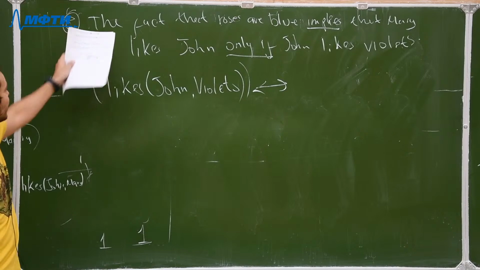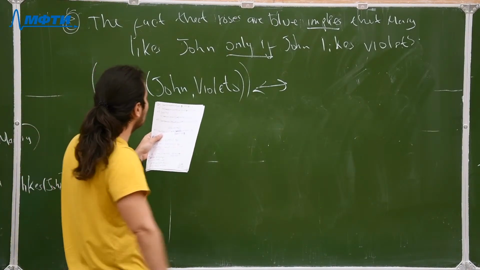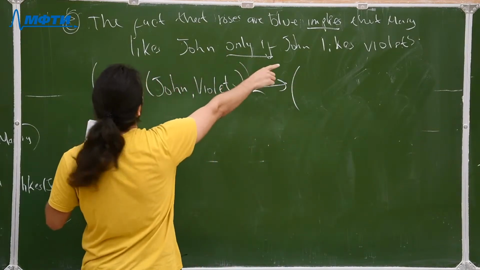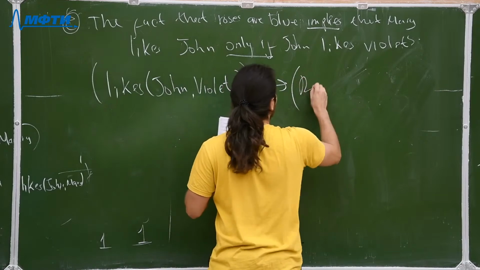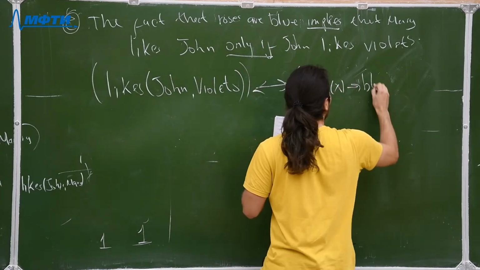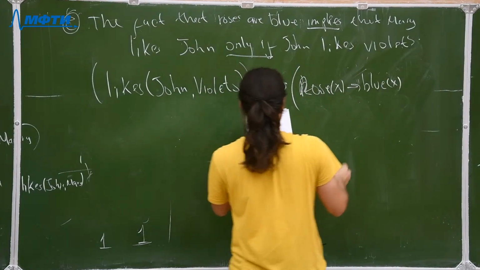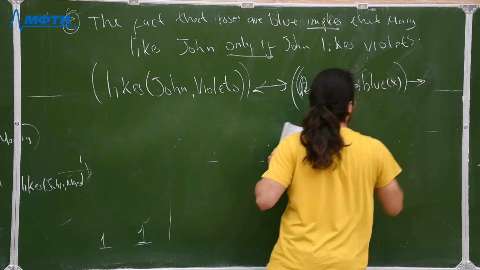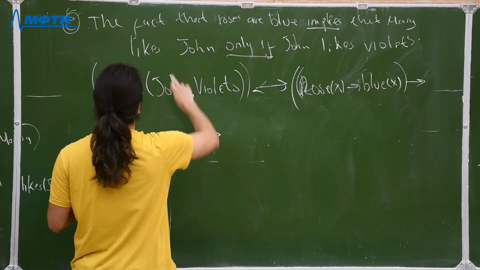And now this part. So only John's like that. Roses are blue. So roses are blue. This implies that Mary likes John.